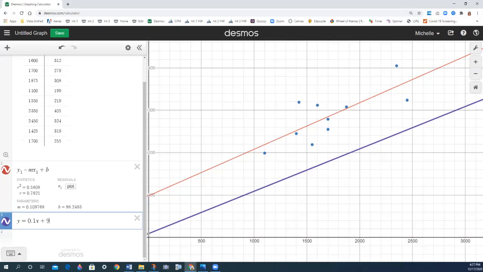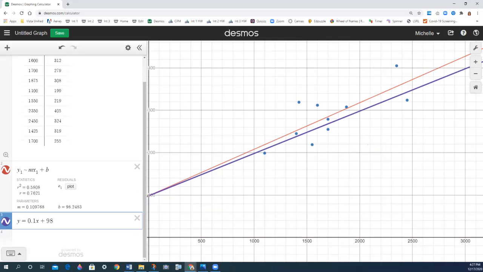I'm just approximating it a little. You see how it's slightly off from this, but that's about what it would be. Let's say I do 1, 1. That would make it fit better there. So that would be my line of best fit.